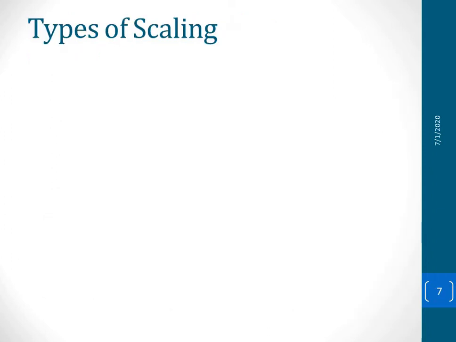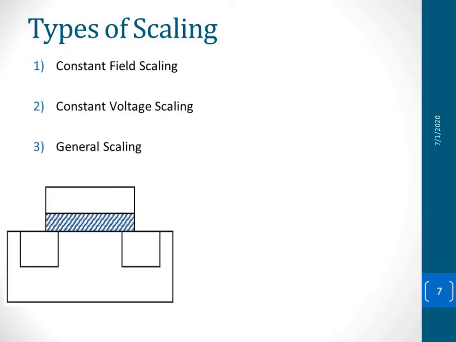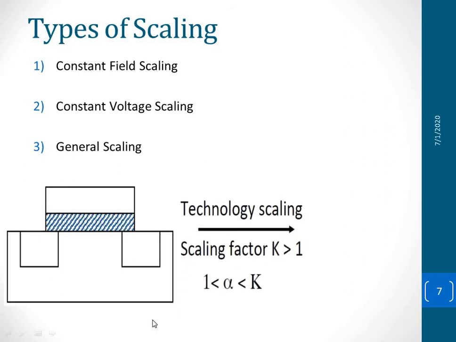So there are types of scaling called constant field scaling, constant voltage scaling, and general scaling. If this is my MOSFET, having the gate, oxide thickness, diffusion and the substrate, the technology scaling factor will be k greater than 1, where alpha is a scaling ratio parameter between 1 and k.